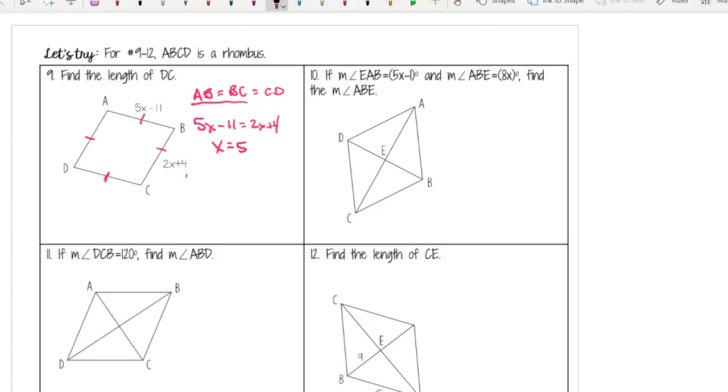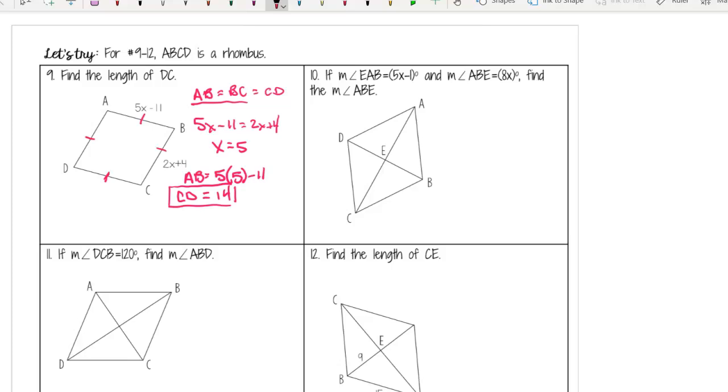So if I want to find AB, it equals 5 times 5 minus 11. So AB is going to equal 14. Well, AB equals CD. So that would be our CD.